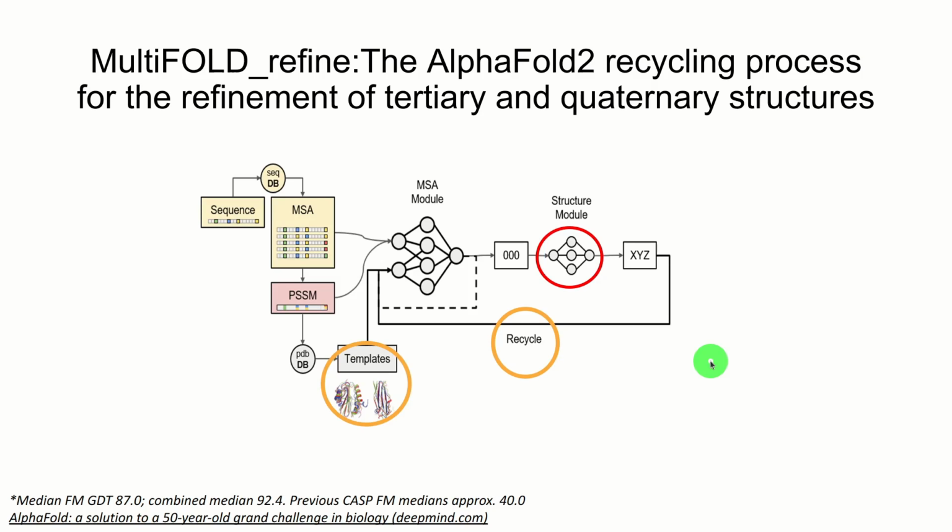We used the custom template option to feed the AlphaFold2 neural network with the best predictions from the top 5 groups in CASP14. We also used more recycling options to refine the predictions further through the AlphaFold2 neural network. We call this protocol MultiFOLD refine, implemented in our server and manual prediction pipelines in CASP15.